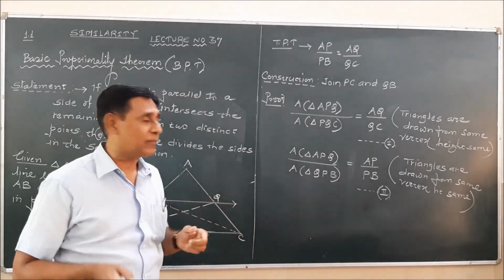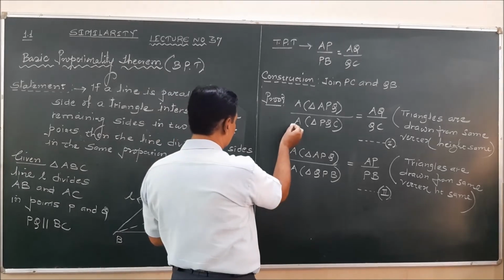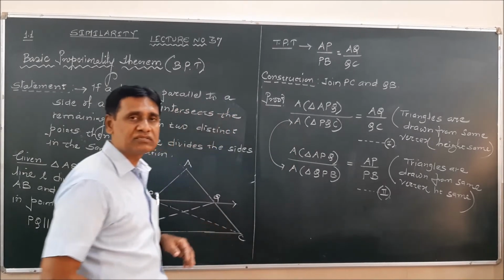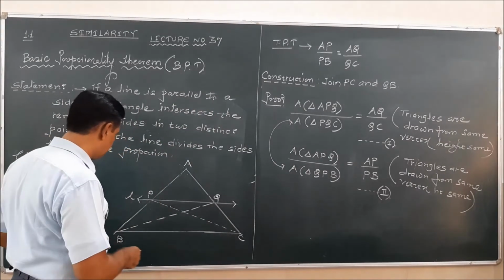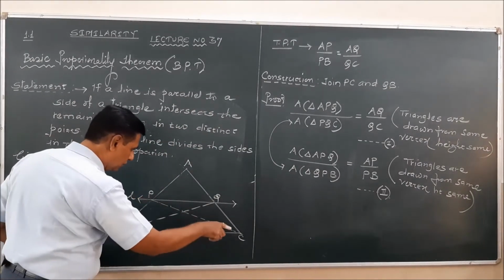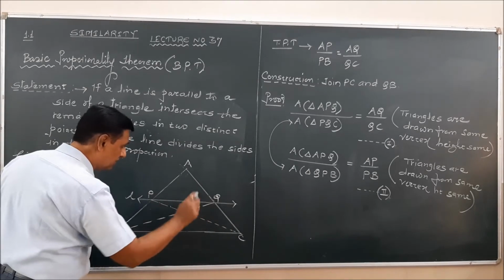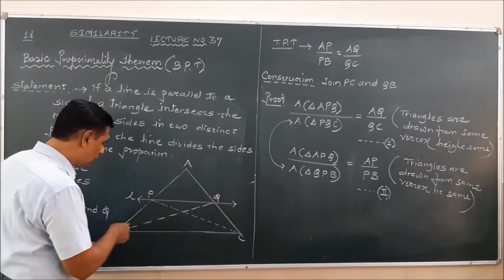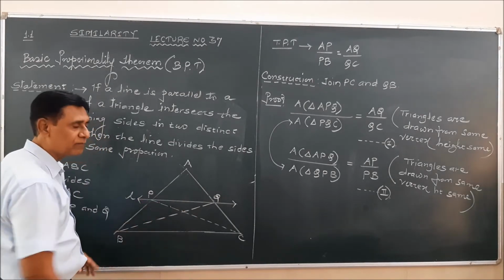Now the next step, compare their denominators. Area of triangle PQC, as well as the second one, PQB.